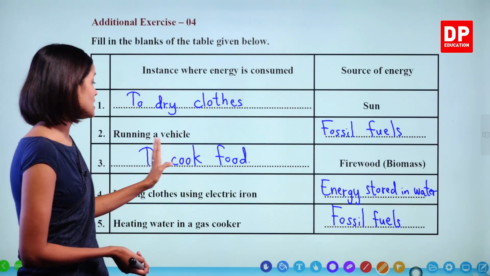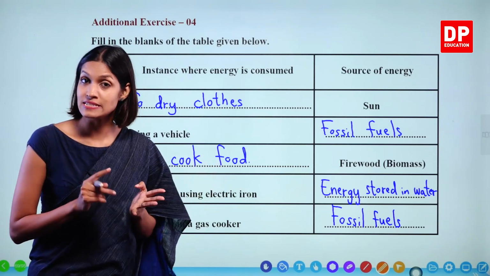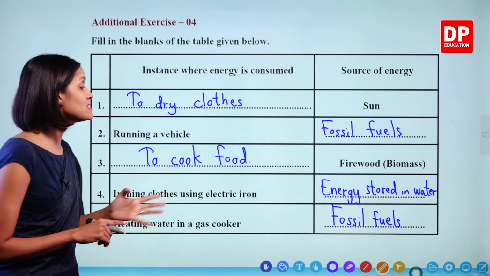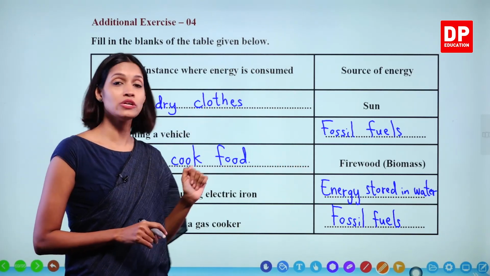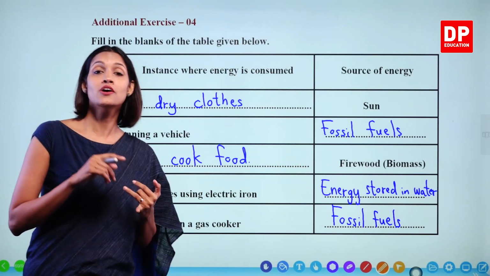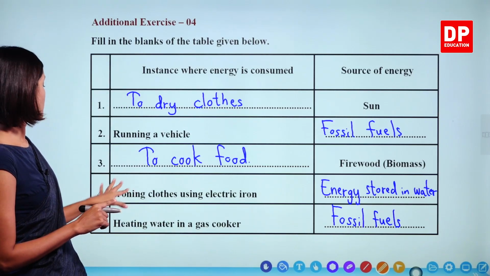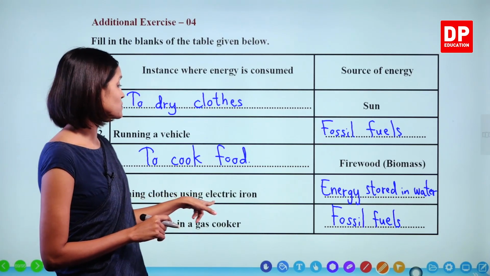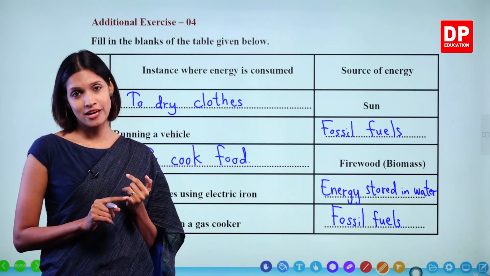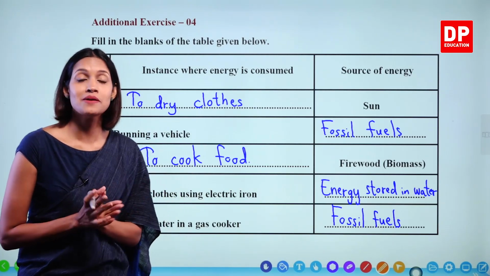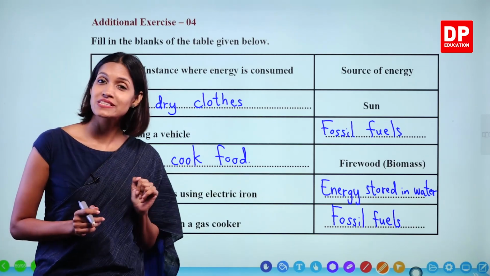Ironing clothes using electric iron, we need to generate electricity. Electricity is generated using different sources of energy like energy stored in water, solar energy, wind energy, okay? And heating water in a gas cooker, there we use LP gas or liquid petroleum gas. So LP gas is coming under fossil fuels. Okay?